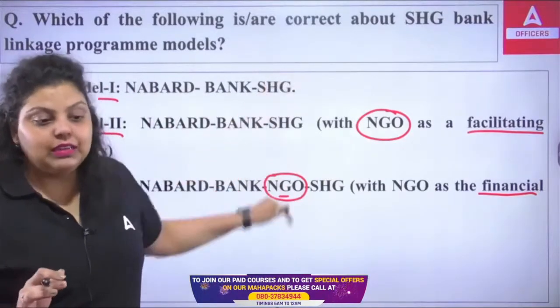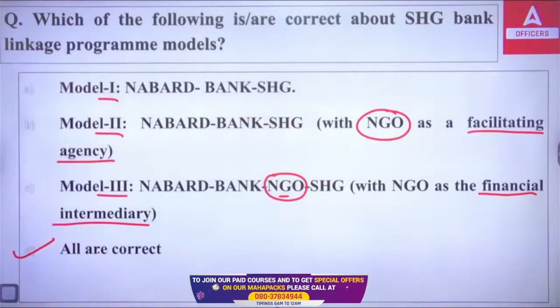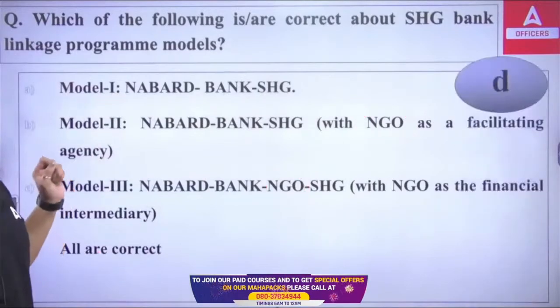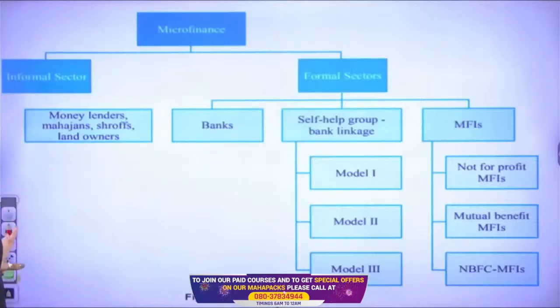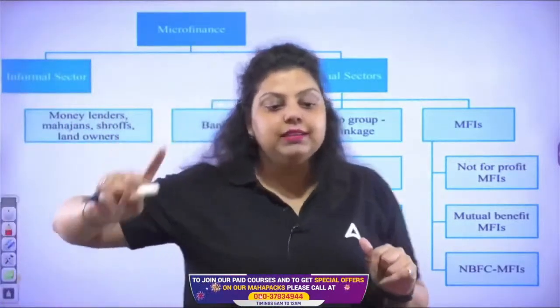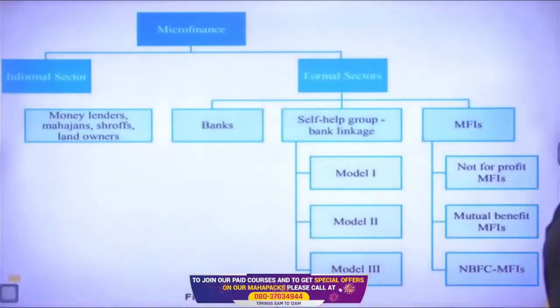Do remember these are the 3 models under the self-help group bank linkage program. The right answer will be your D option. Now, as I have told you, microfinance institutions have 3 types and self-help group bank linkage models have 3 types. Do remember that, that is very important.